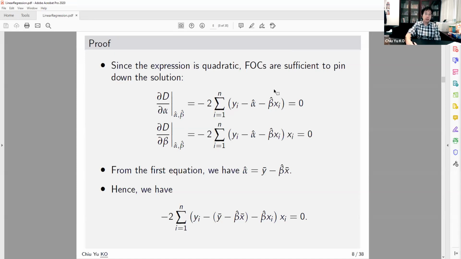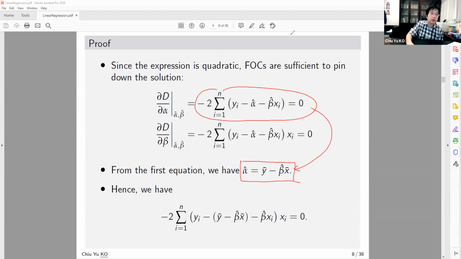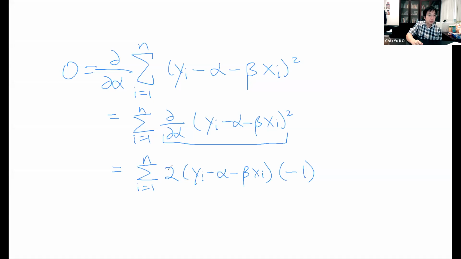Okay, so now we try to explain how you get from this expression to this expression. Let me quickly go into it, because we already have it here. Because 2 is multiplied, you can divide both sides by 2. The negative is not an issue here. Okay, so here is the summation.